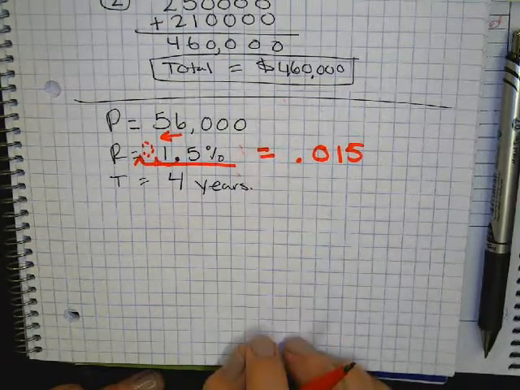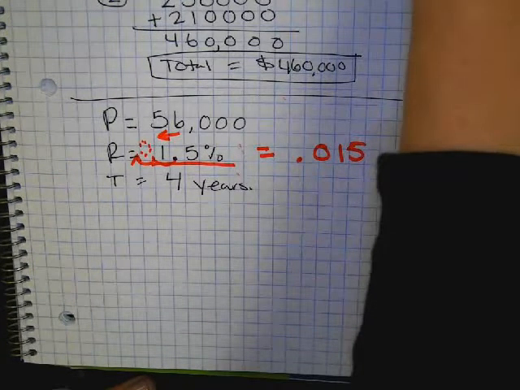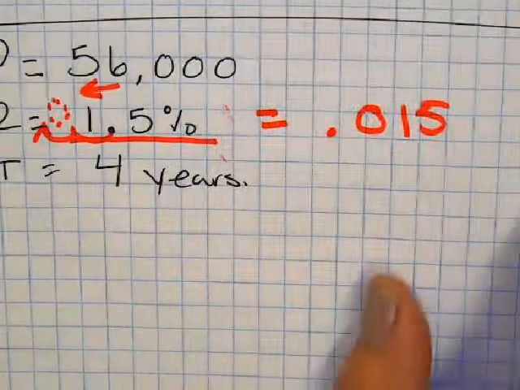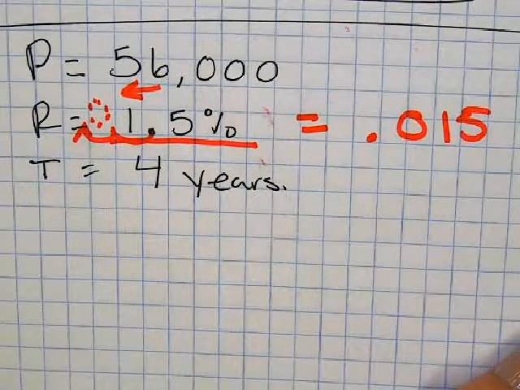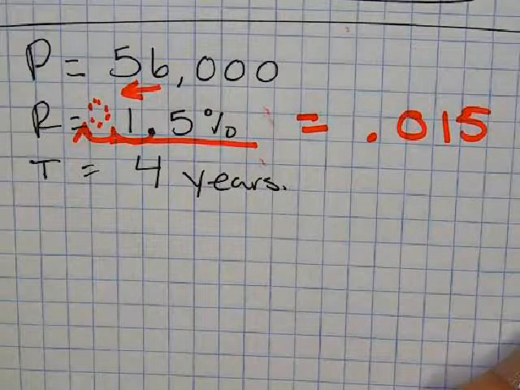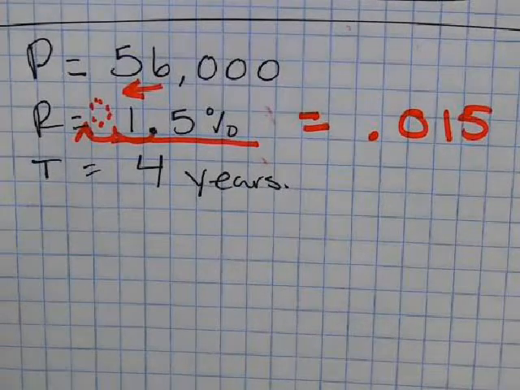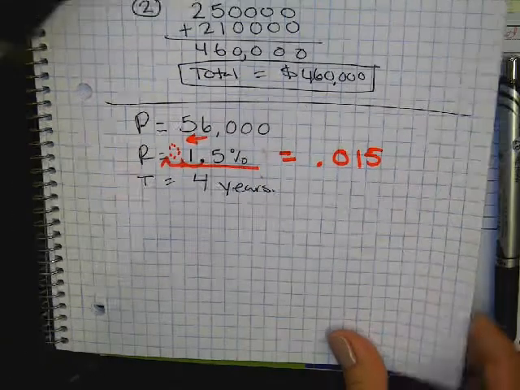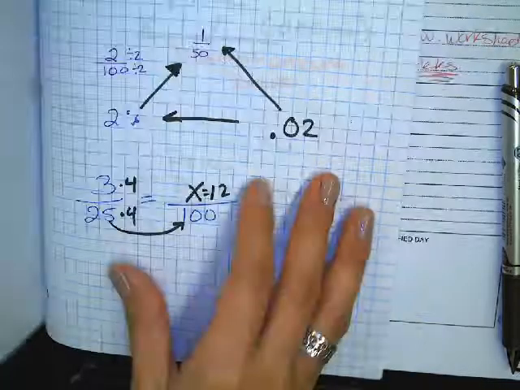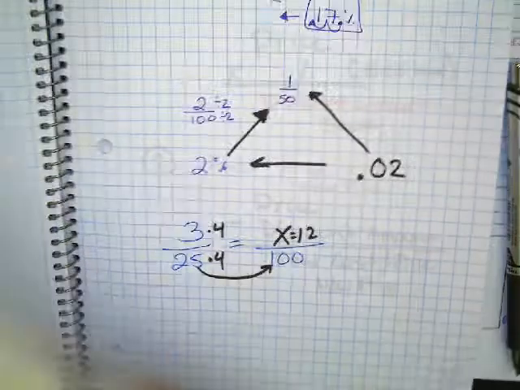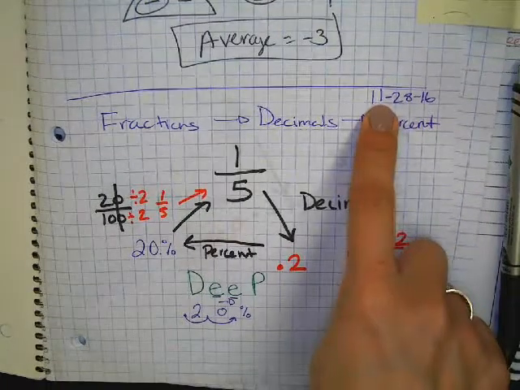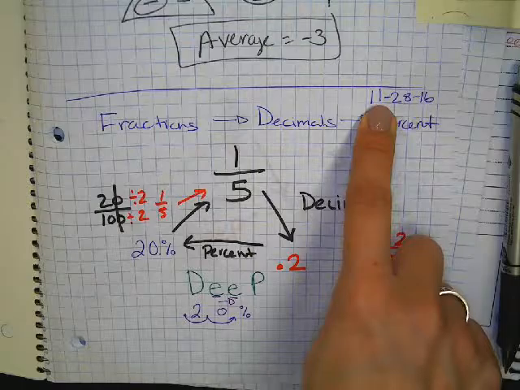0.015. So you move it twice, you add the 0. You move it this way. I taught you how to do this. Let me check. Hold on. November 28th.